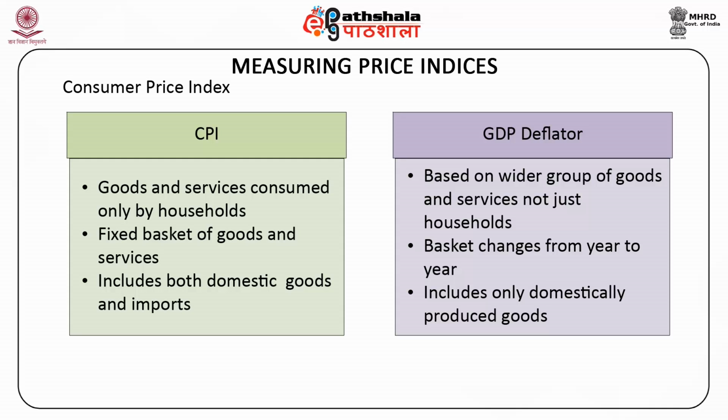The basket changes from year to year, while the CPI is based on a fixed basket of goods. Thirdly, the CPI includes all goods, domestic as well as imports, that are consumed by the households, while the deflator includes only the domestically produced goods.